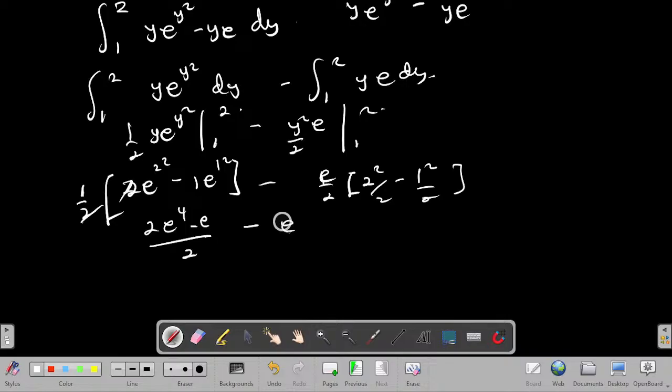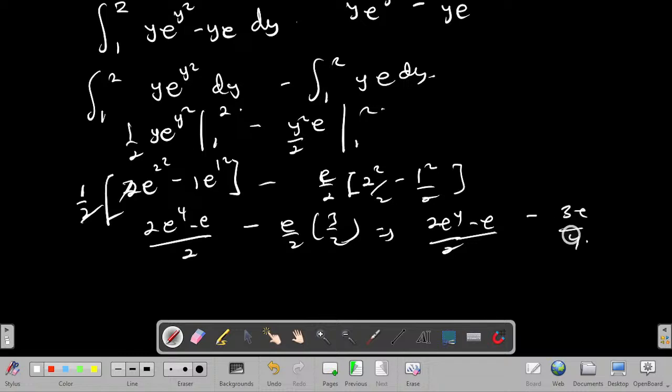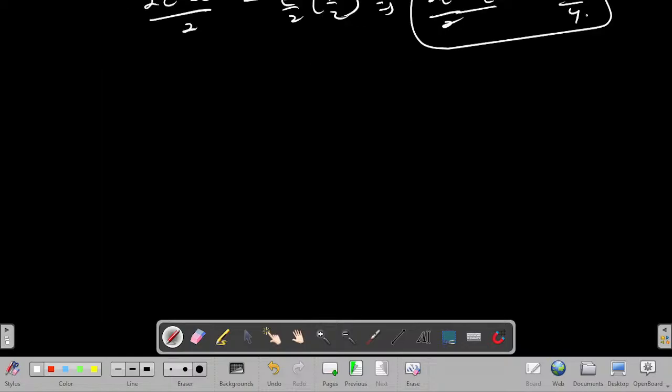So e over 2 times 3 over 2. You simply get 2e to the power 4 over 2 minus 3e over 4. This one is simply computation, so you can simply press this. That is your answer. So let's solve one more example on general region.